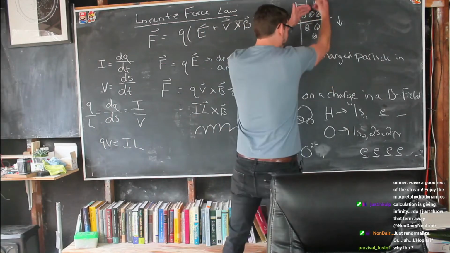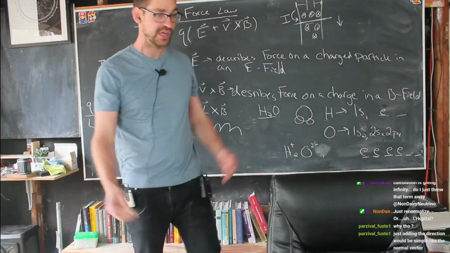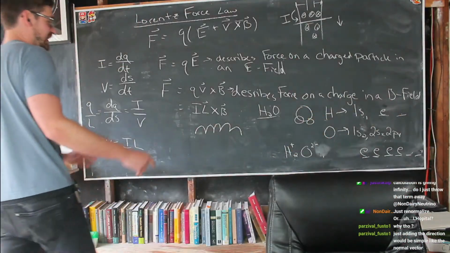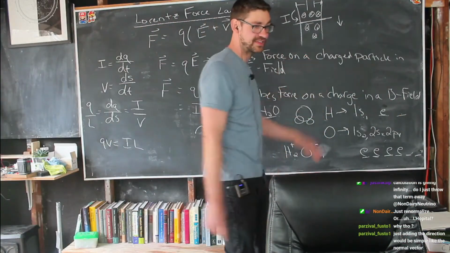And then there's a force that pushes down here. And what does it push? It pushes water. But yeah, that's what we're going to be working on today. We're going to show some cool effects of how this works.